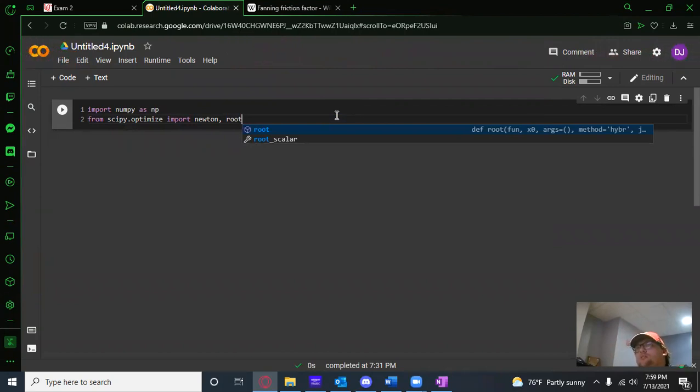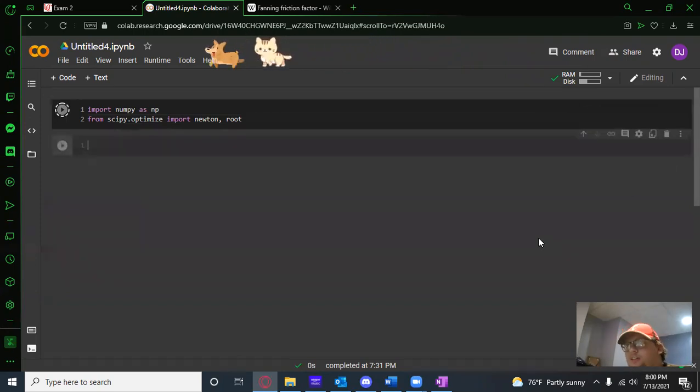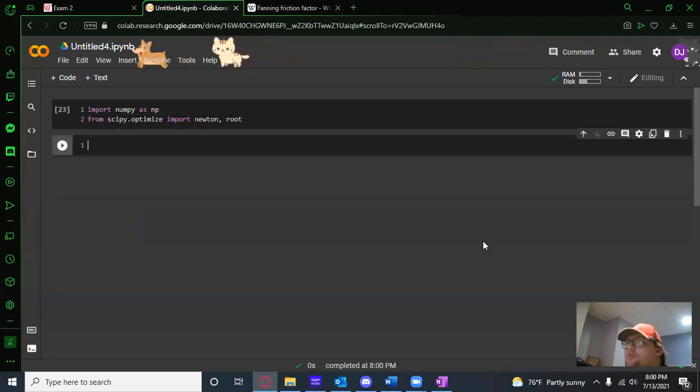Now, all Newton does is it finds the zeros of a function by using the Taylor series expansion, but we're also going to bring in root, because if you try to use Newton on a function and it reaches too many iterations, I believe the cutoff is 50, it'll raise an exception, and you will not be able to get a result from that. So that's why we're going to be using root as well.